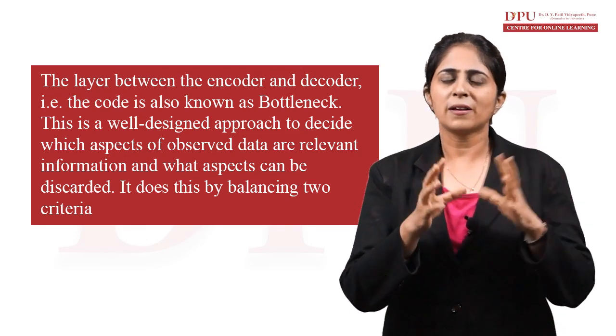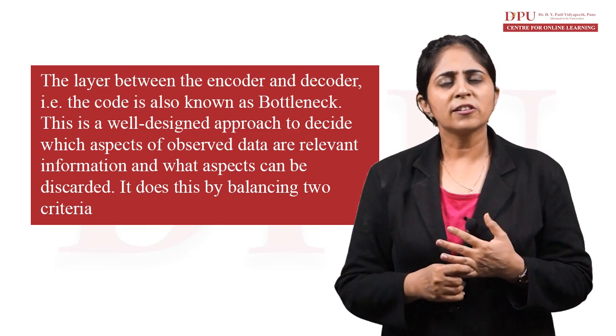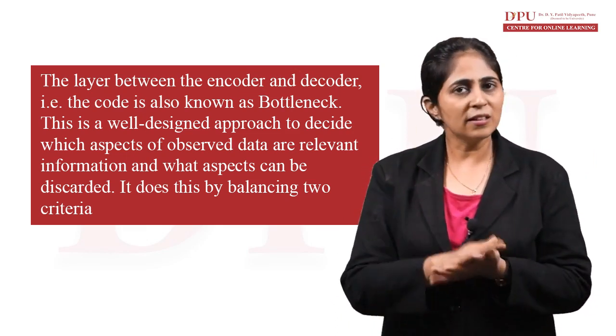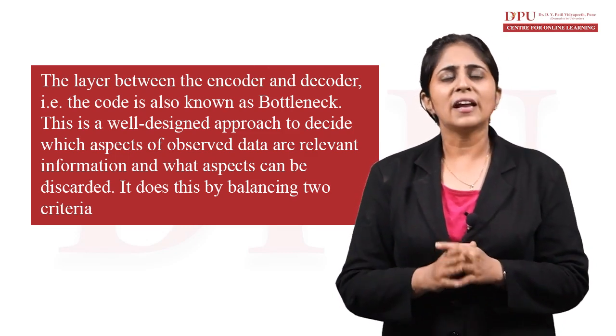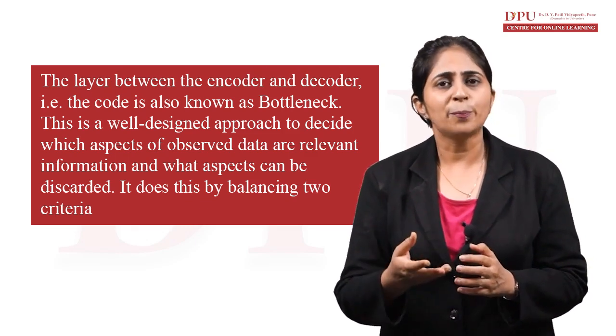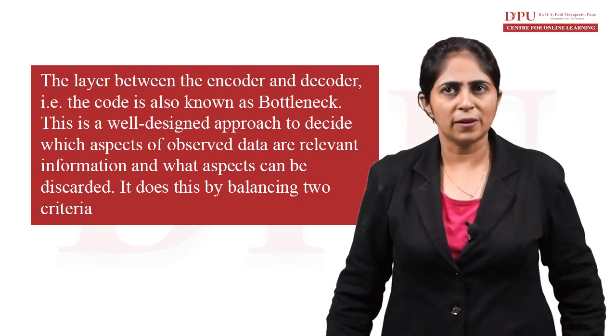When we are compressing an image or certain data, our main function is to analyze which part can be removed. To compress the data, we need to remove certain parts. That analysis is very important: what are the irrelevant parts, or the not so important parts, which can be compressed.